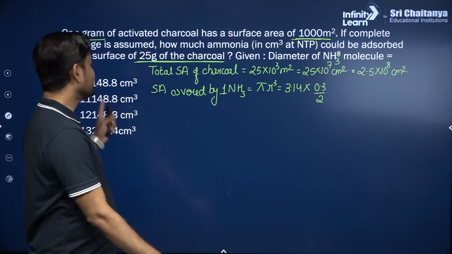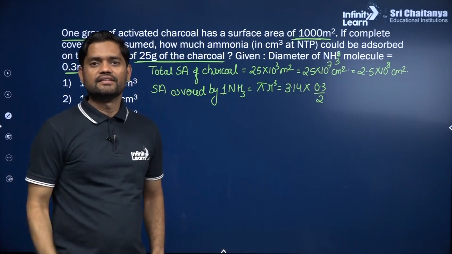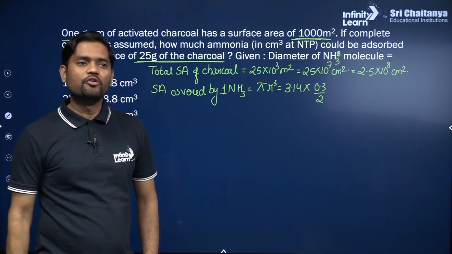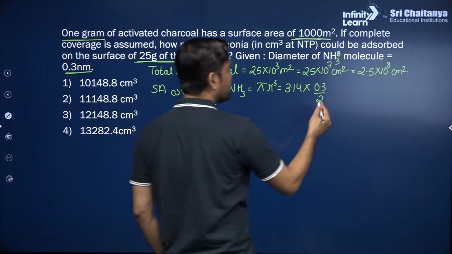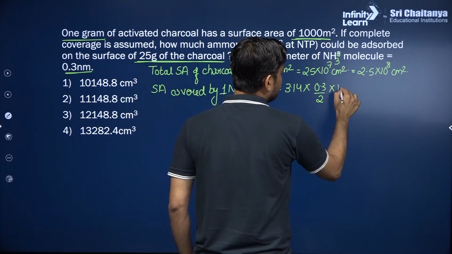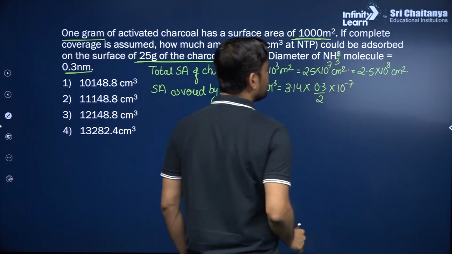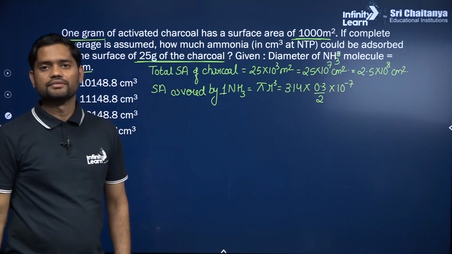The second thing they have given is nanometer, so nanometer has to be converted into centimeter, so that is 10 raised to minus 7, clear, sure.